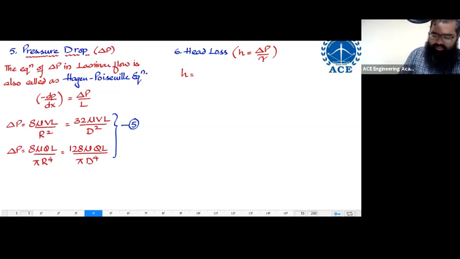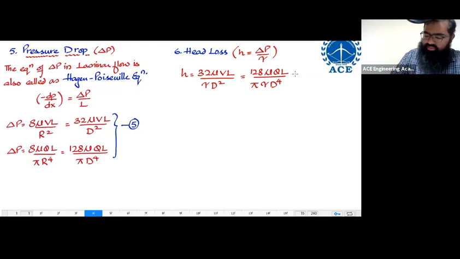So I write 32 mu into VL upon gamma times D square, also equal to 128 mu into QL upon pi times gamma times D power 4. This is the value of head loss. I'm saving this as equation 6.